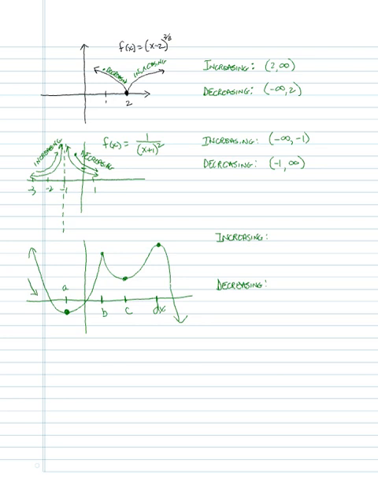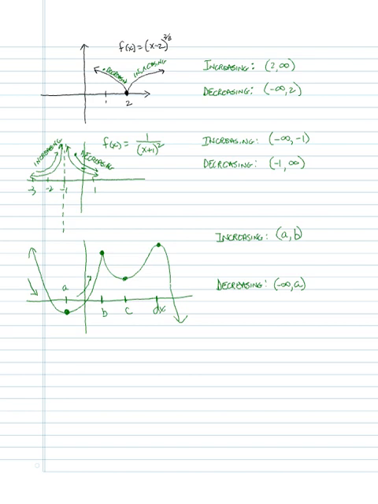So it's decreasing from negative infinity to the number a. Okay, now once we get to where x is a and past a, we're on this part of the graph, and so we're increasing. So we're increasing from a, and we continue to increase until we get to the corner point up here, and that's where x is b.